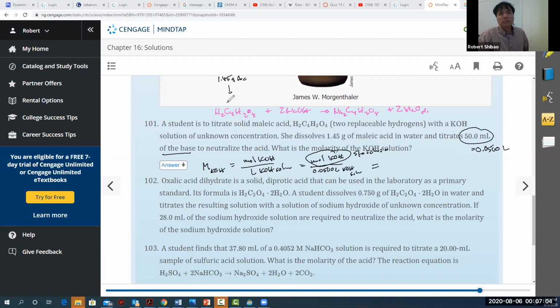And so we'll just go to moles of pure acid. On the top here, I want moles of KOH, but I'm starting off with acid. And then what's the molar mass of maleic acid? I could calculate it, but to save time, I'll just look it up here.